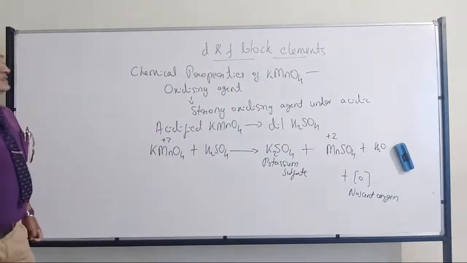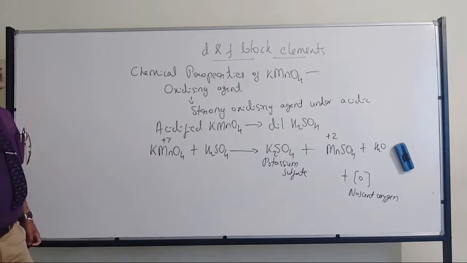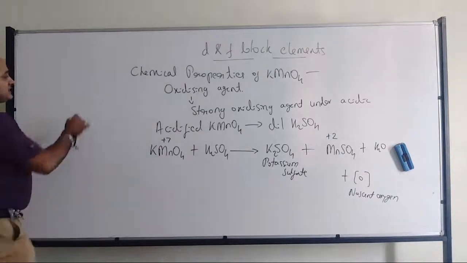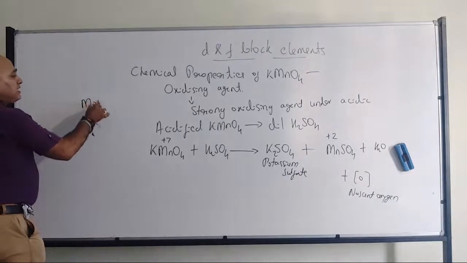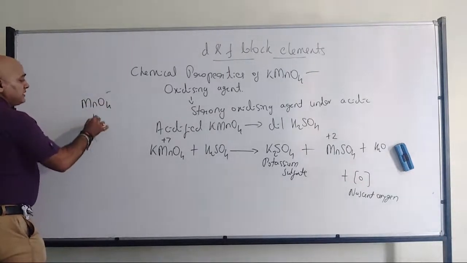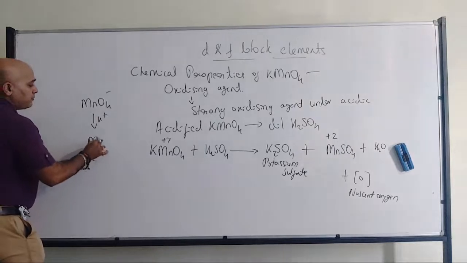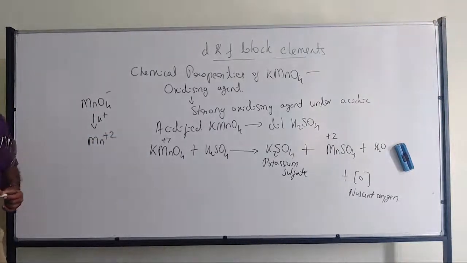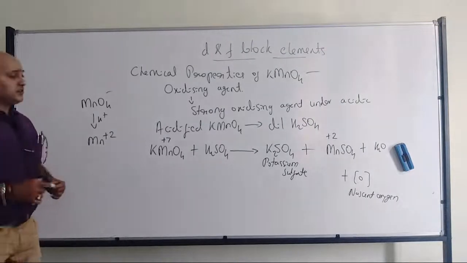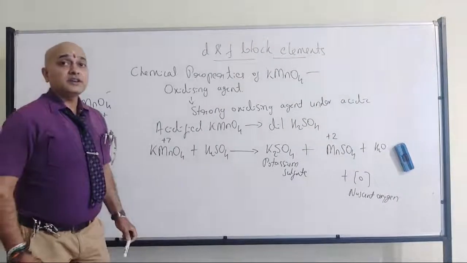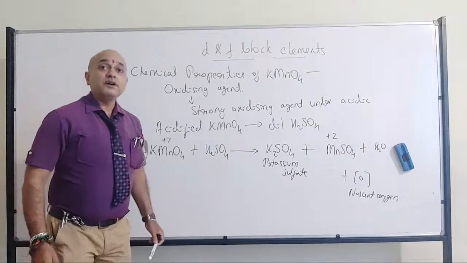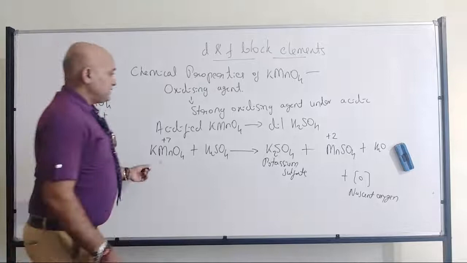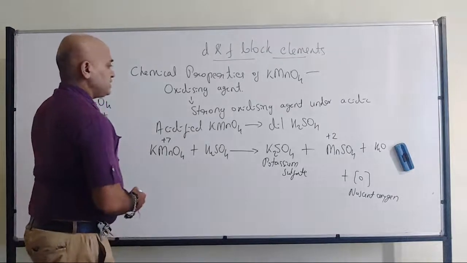So under acidic condition, permanganate ion will get converted into manganese ion. How many electrons is it going to accept? 5 electrons. Strong oxidizing agent. So we have to balance the equation.